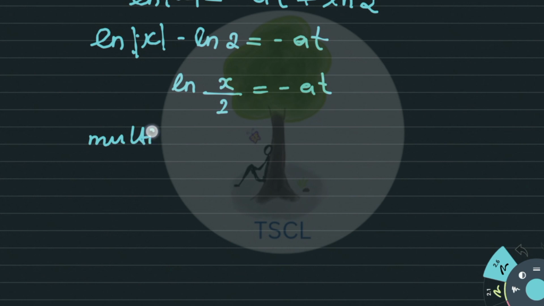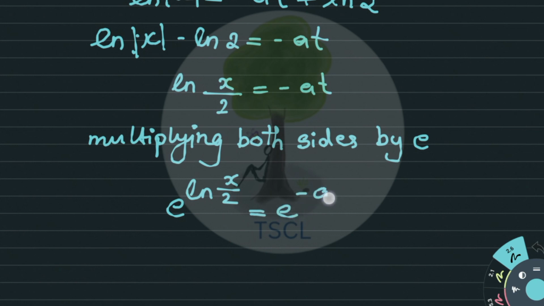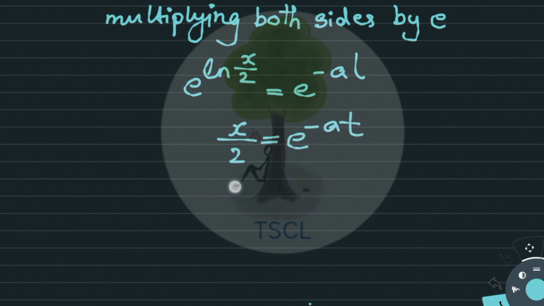Multiplying both sides by e, e raised to ln (x by 2) is equal to e raised to minus at. x by 2 is equal to e raised to minus at, so x is equal to 2 e raised to minus at. This is the first equation.